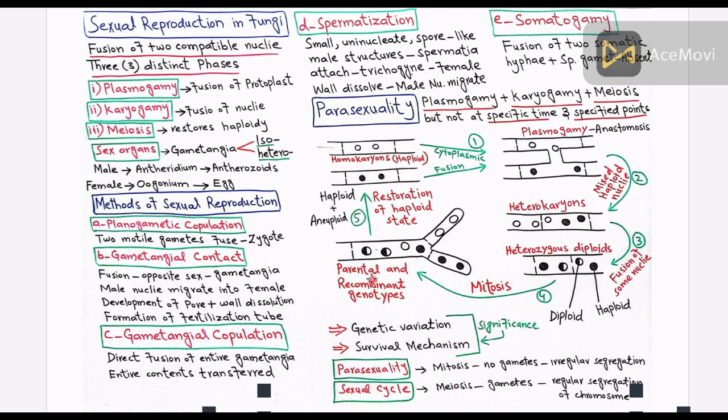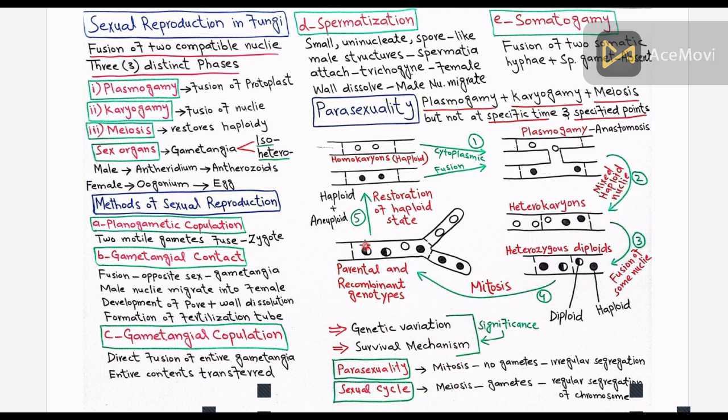The last step is the restoration of the haploid state, in which, as a result of mitosis, some produce haploids and some produce aneuploids. Aneuploid is a condition having an abnormal number of chromosomes.